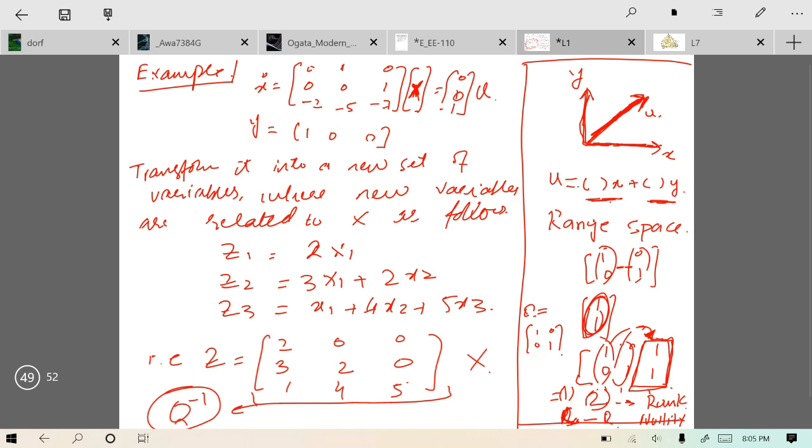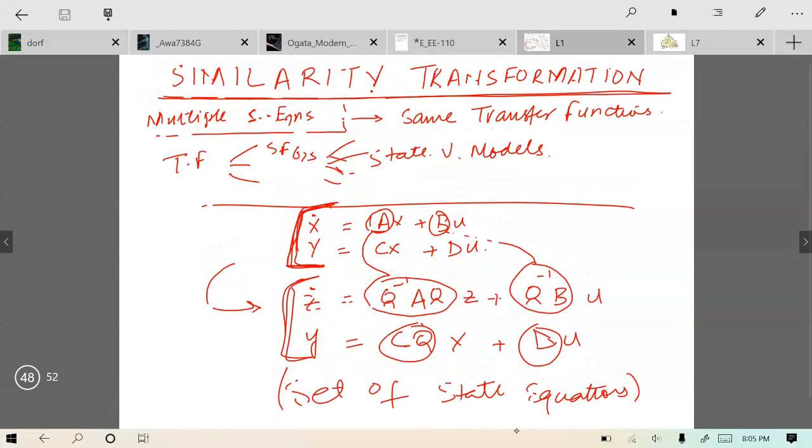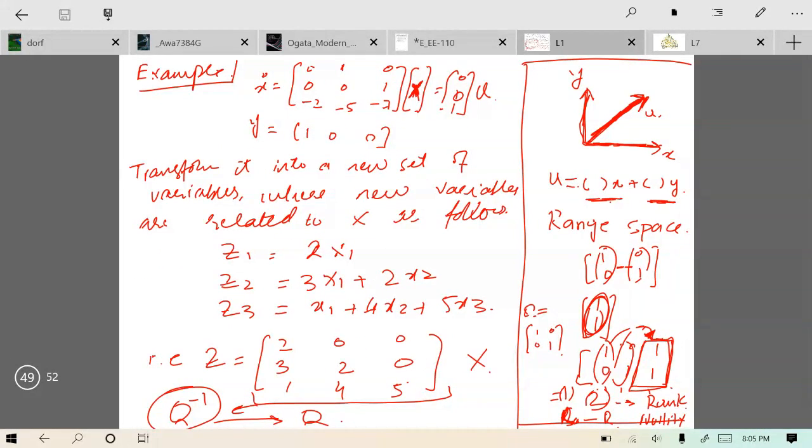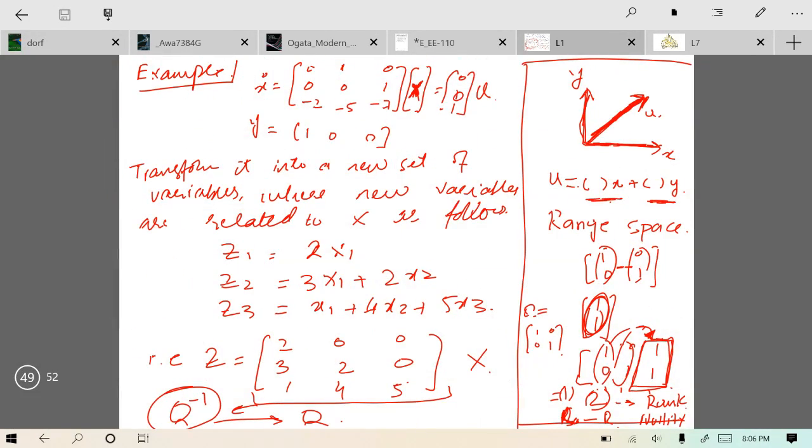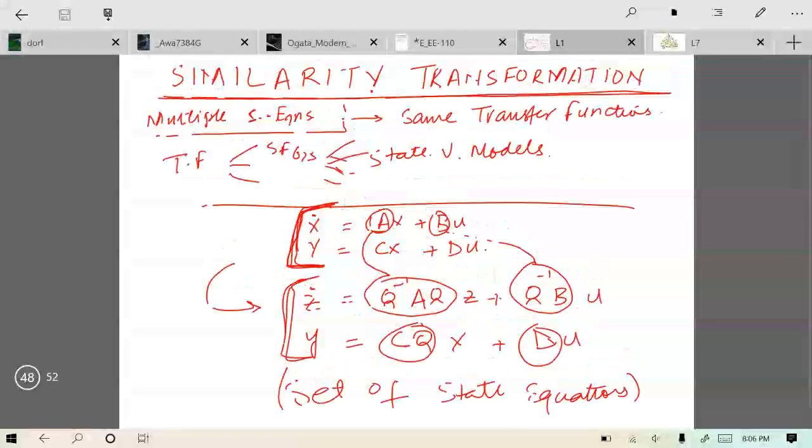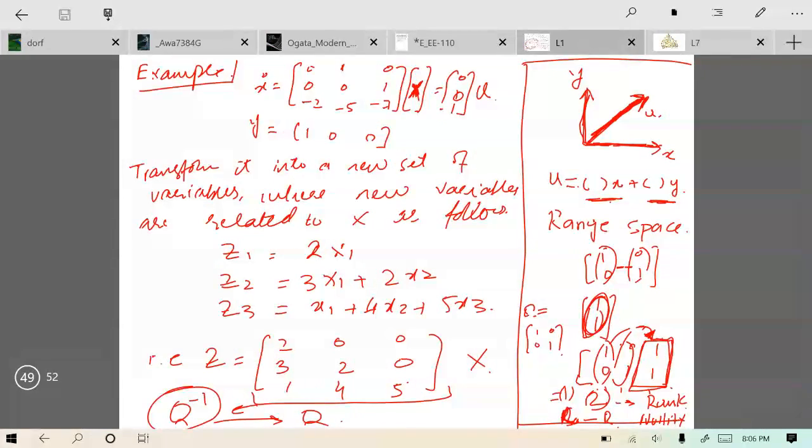So from here you can find Q, and from Q obviously you can calculate Q inverse AQ, Q inverse B, CQ and D. Let me write the answers, and all of you should calculate Q inverse AQ, Q inverse B, CQ and D for this specific example.